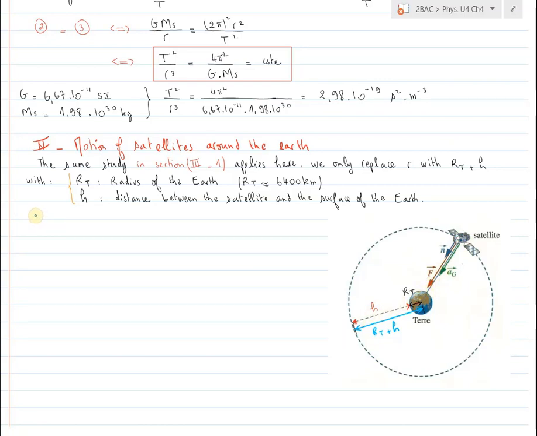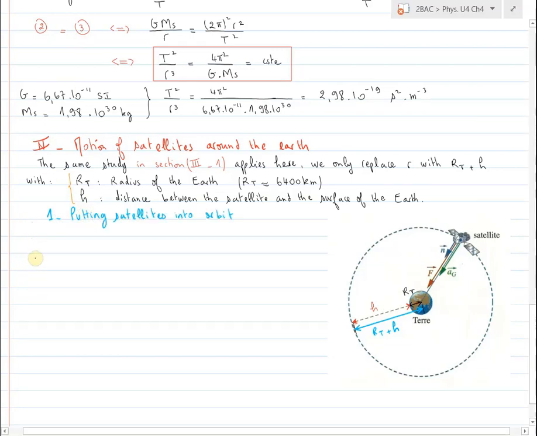Now section 1, subsection 1, putting satellites into orbits. Putting satellites into orbits enables them to have a uniform circular motion around the Earth under the gravitational force only. To do that, it requires two steps. The first step is to reach a high altitude to escape from the atmosphere. The atmosphere is the layer of air around the Earth.